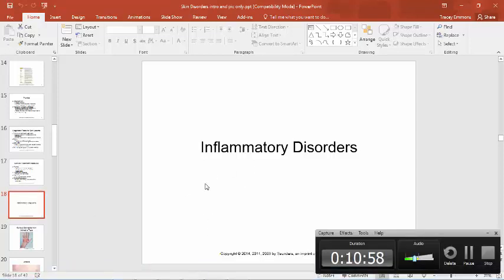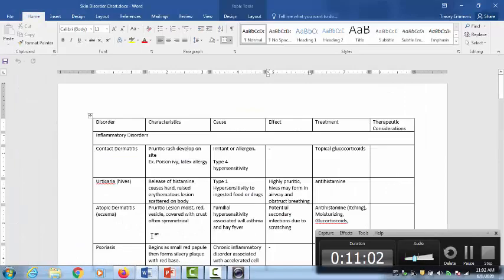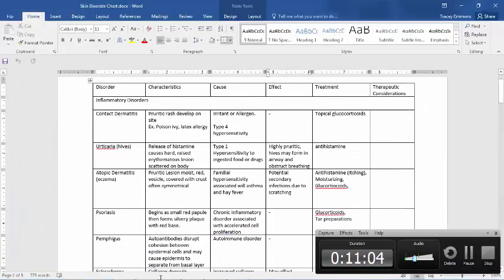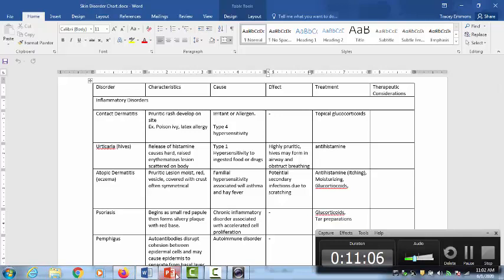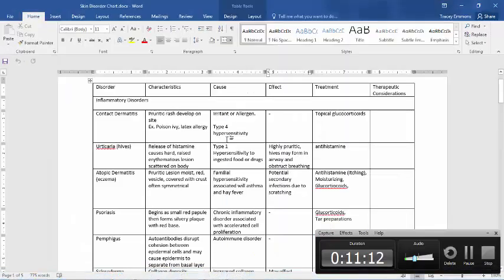And so we're going to jump a little bit back and forth between the pictures and our chart. So the inflammatory disorders. The first one is contact dermatitis, which is a type 4 hypersensitivity. If you want to go back to the immune system chapter, this is actually delayed sensitivity, so it usually happens after the fact.